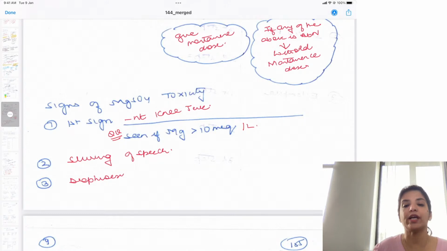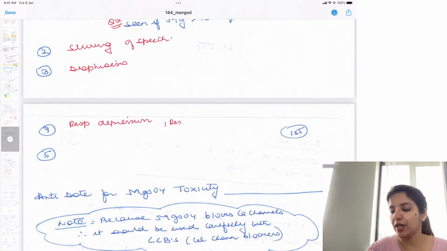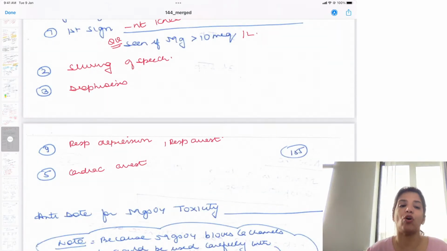What is diaphoresis? Excessive sweating. Then respiratory depression, respiratory arrest, and cardiac arrest.